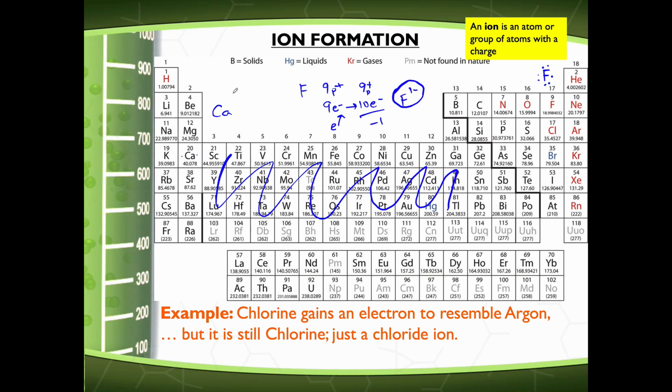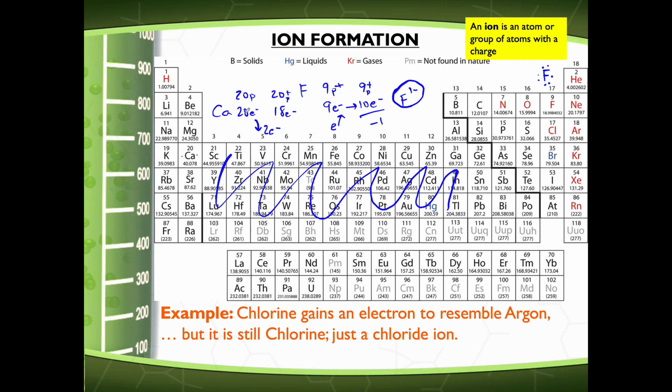All right, so calcium has 20 protons, and it currently has 20 electrons, which it doesn't like. Let's say it can get rid of 2 electrons, and now it has 18 electrons and 20 protons. Okay? There's my P. If it does that, who has 18 electrons? Argon does.